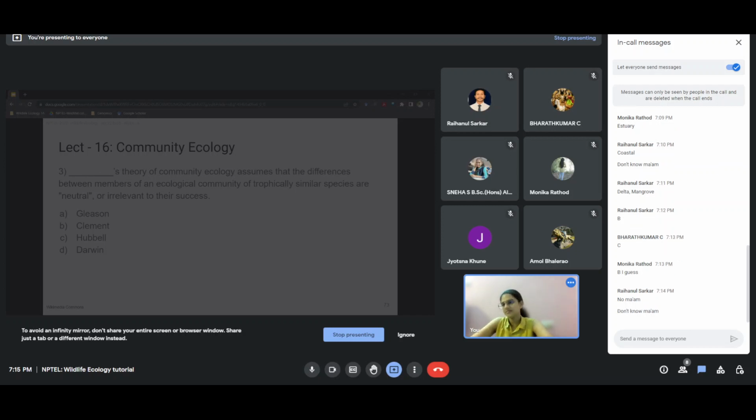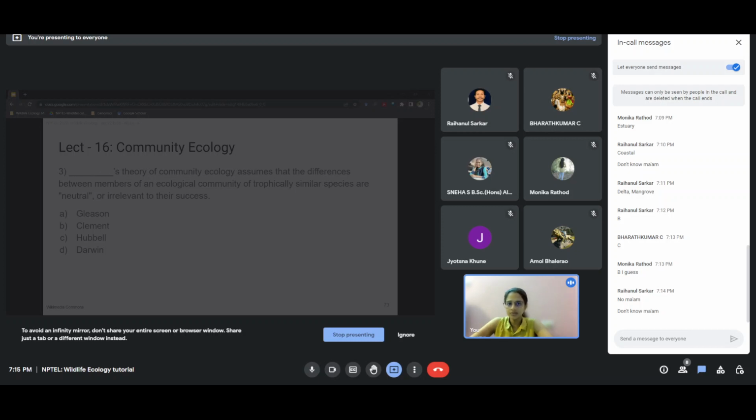Don't know? Okay. Sure. All right, so Darwin really has not postulated any particular theory for community ecology, though his work is related to community ecology and feeds into it on various levels.